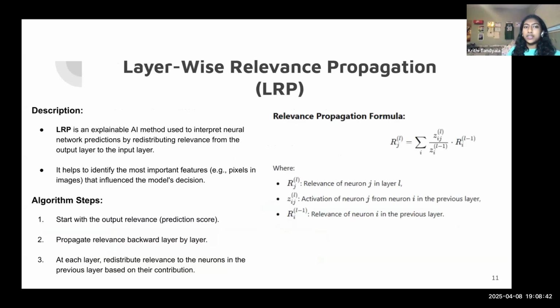So essentially, it identifies what the most important features of the image were that influenced the CNN's decision, such as the different pixels of the images. And as far as the algorithm, it starts with the output relevance, or the prediction score, and then it propagates it backward layer by layer, and it decides how important each part of the image was in the diagnosis.